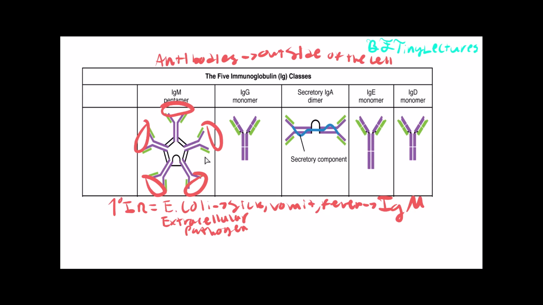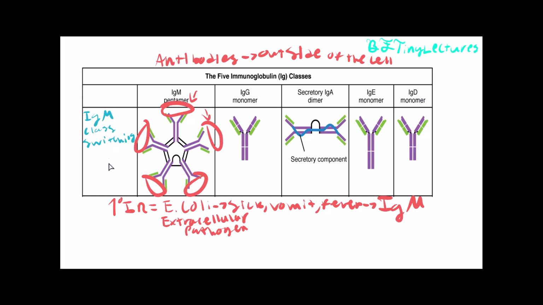IgM can bind to 5 pathogens at once, as long as they're the same type of pathogen. You're not going to have E. coli and then Salmonella right there. That doesn't make any sense. They're all going to be E. coli in this example. IgM is a little special because IgM can do something called class switching.